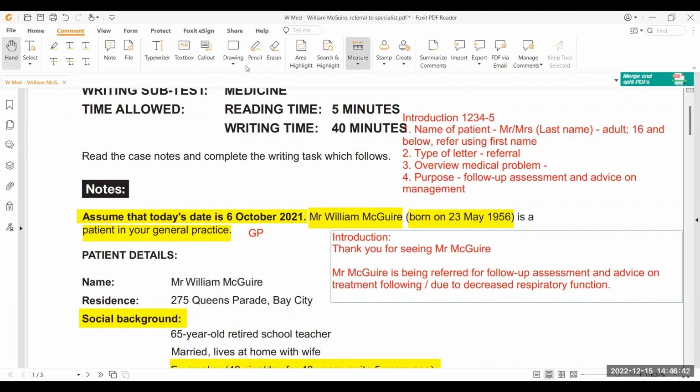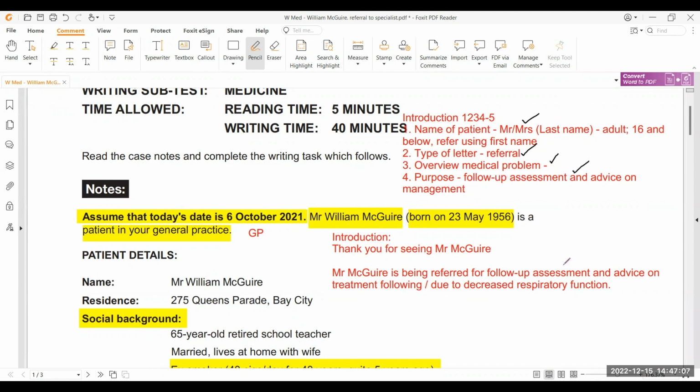So would that cover, let's check whether you have your 1, 2, 3, 4. Definitely you have the name of the patient. You have the phrase indicating it's a referral. You have an overview of the medical problem, the decreased respiratory function. And you have the request for your reason for writing, follow-up assessment and advice.